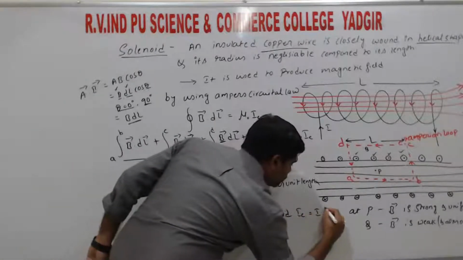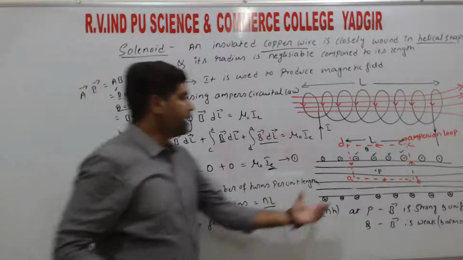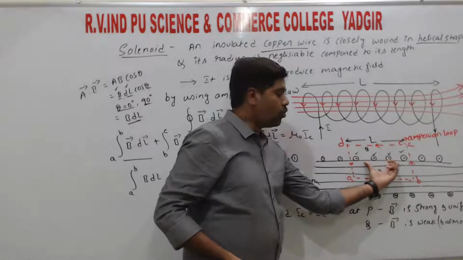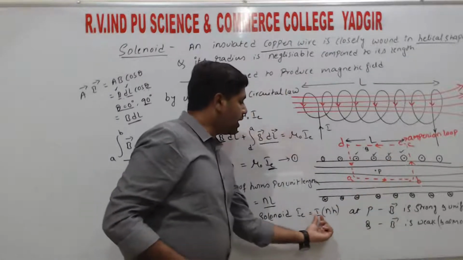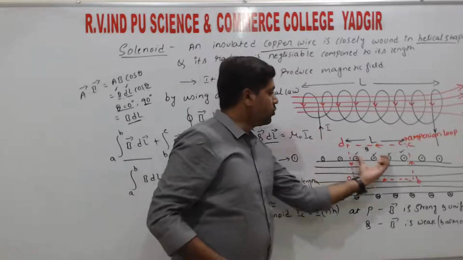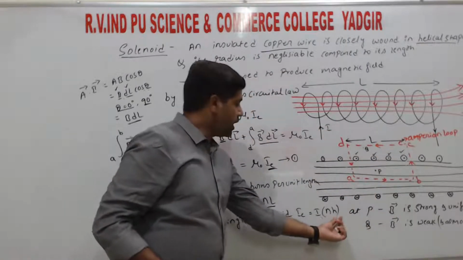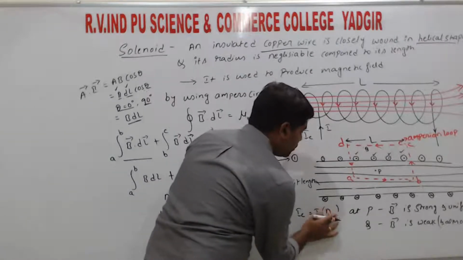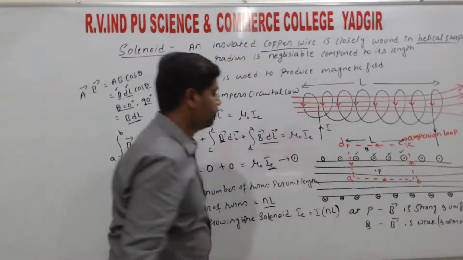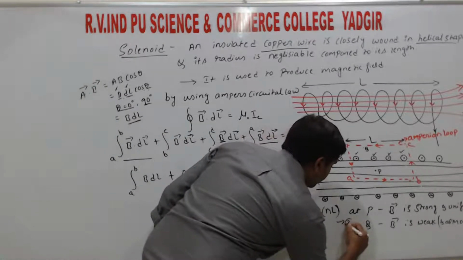I E is equal to I into n l. I is only for this amount, so total current is I into n l. The total current flowing through these turns we write as I into n, and L is there, right? So I n L, take this as the second equation.